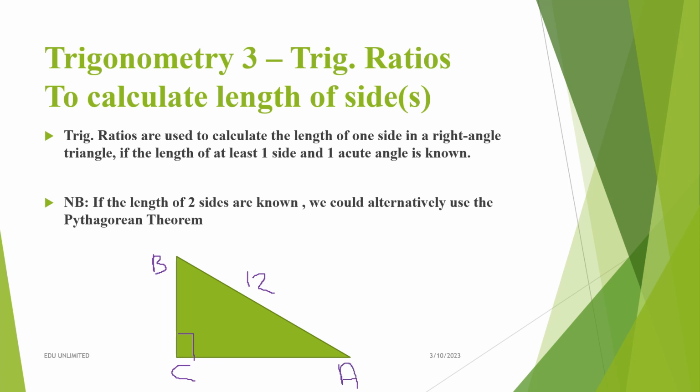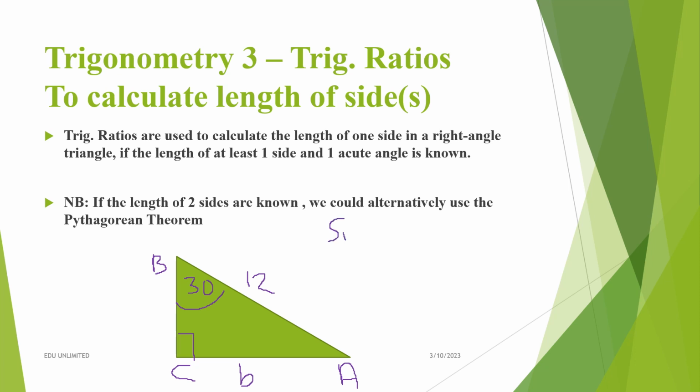So if this angle is 30 degrees and we want to find side B, we can use the sine ratio.